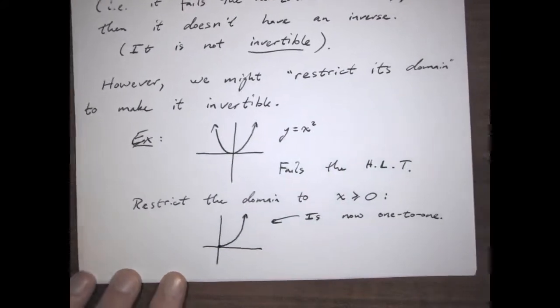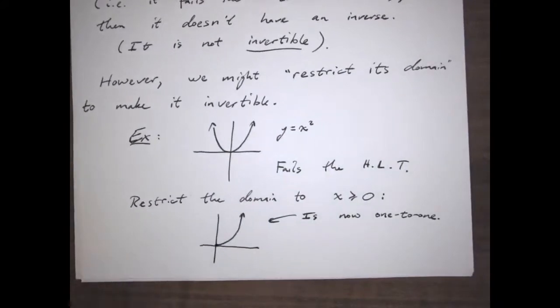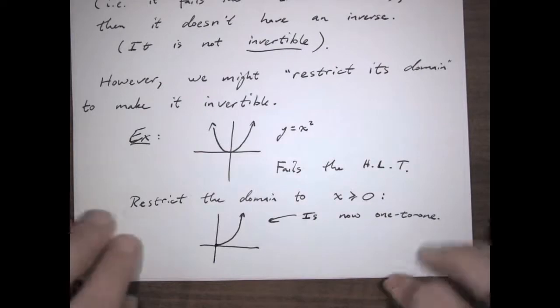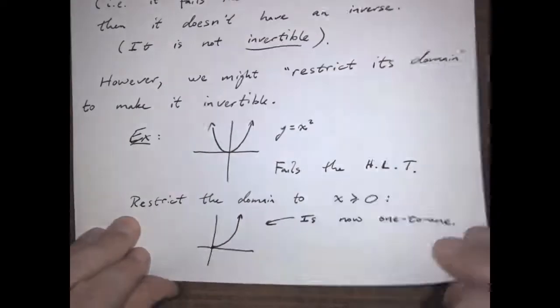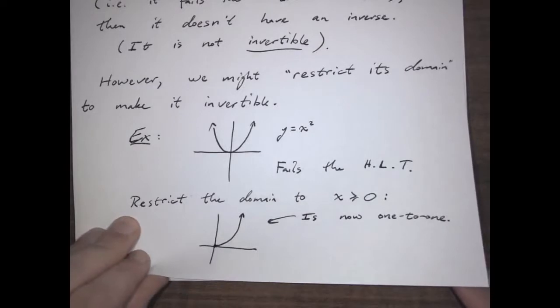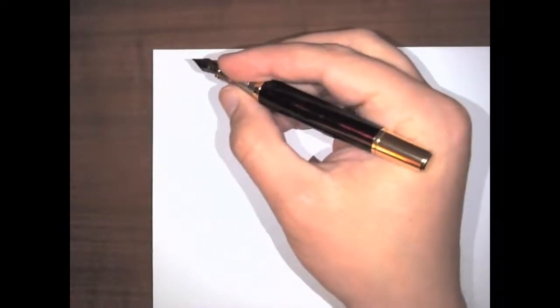And in fact, this is one that you already know the inverse of. You know how to cancel a square. It's with a square root. But before we get to that, let's now look at some examples from the formula side of things.